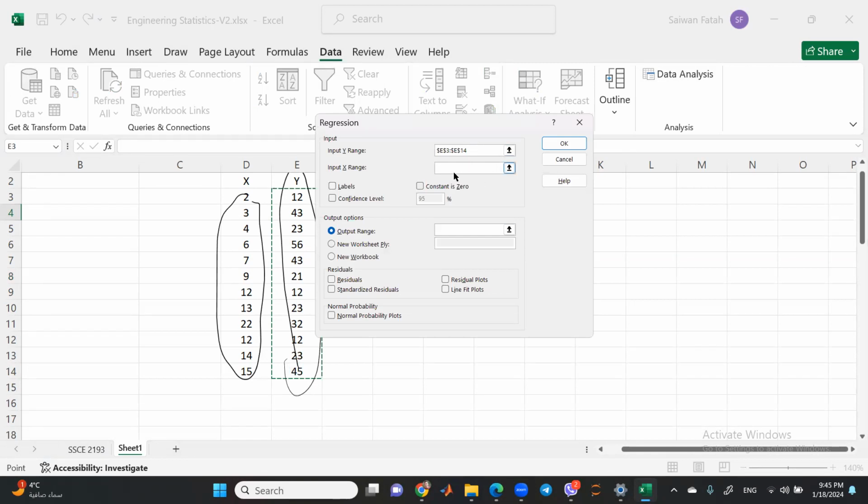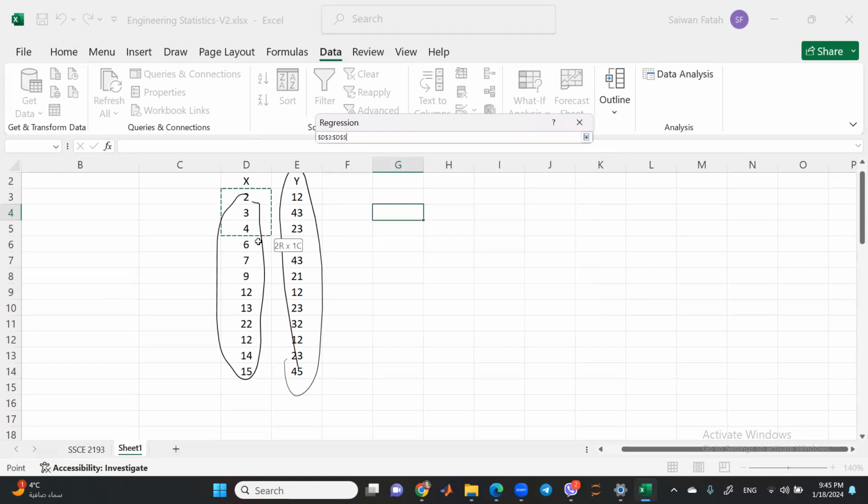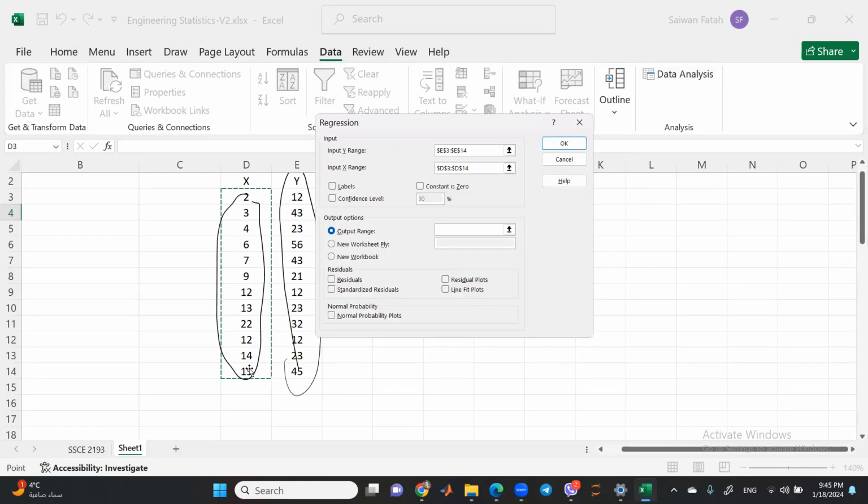That's it. And then in the second box, it says input X range. So X starts from this point to this point.